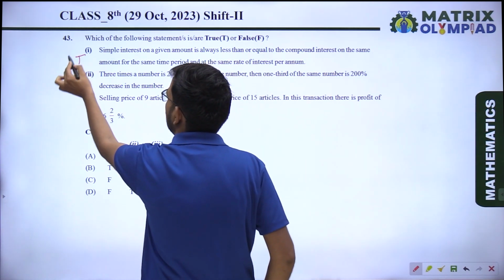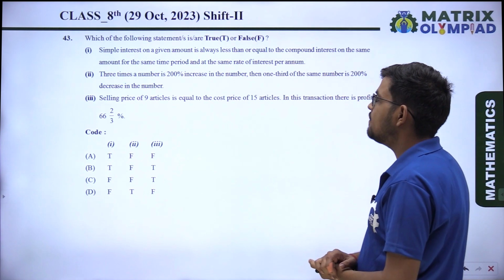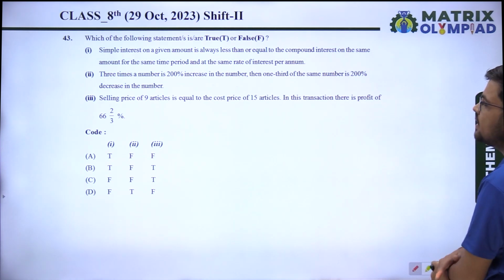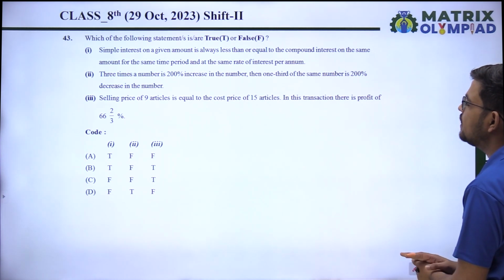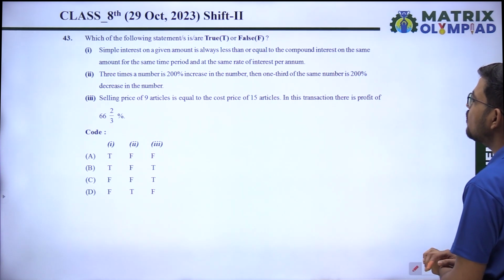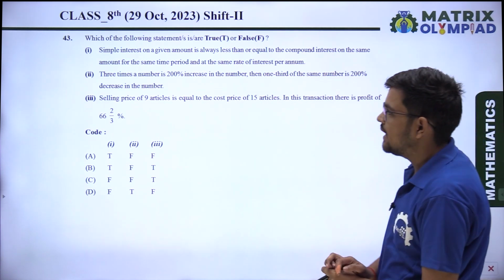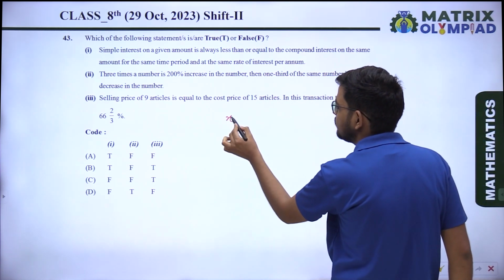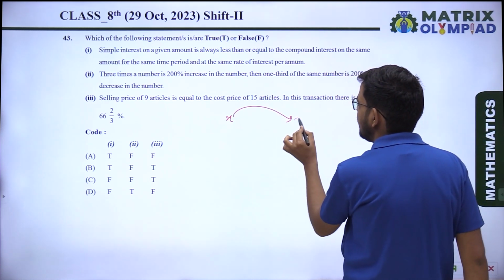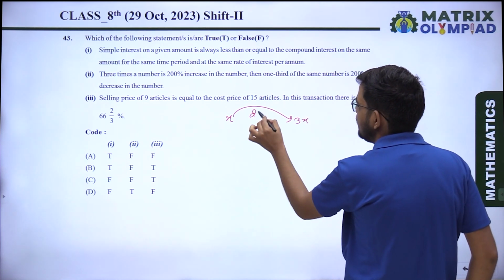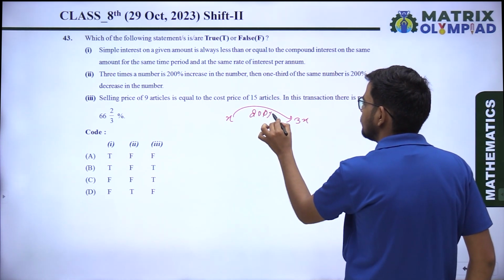First one is true. Second one, 3 times a number is a 200% increase in the same number, then 1/3 of the same number is a 200% decrease in the number. It is saying a number is x, then you increase it 3 times, so the increment is 200%.